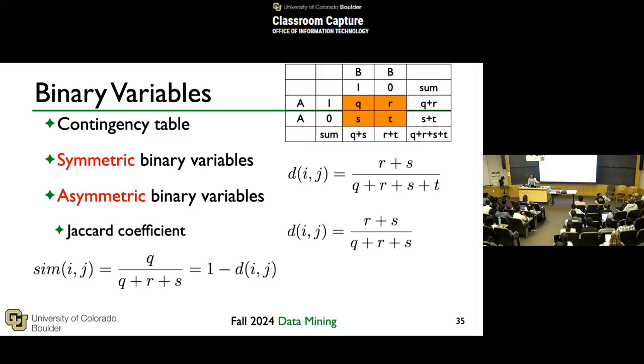When it's asymmetric, I care less about this T term, because the norm is that nobody purchased the product, and that would dominate. With a million products and a million customers, this T value will be huge. So instead we ignore that T and only care about Q, R and S, meaning at least one person purchased it. I ignore the 0, 0 case. Make sense?